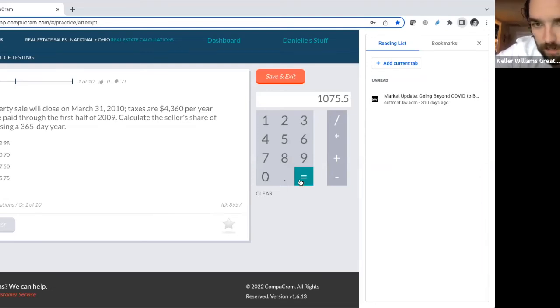So everyone gets really intimidated by the math problems because they're like, the numbers, I don't know. When do I add, subtract, divide? Oh, sorry, you're still going, Samantha. So you get to 1075.50. And so did you just choose C because it was closest to that?